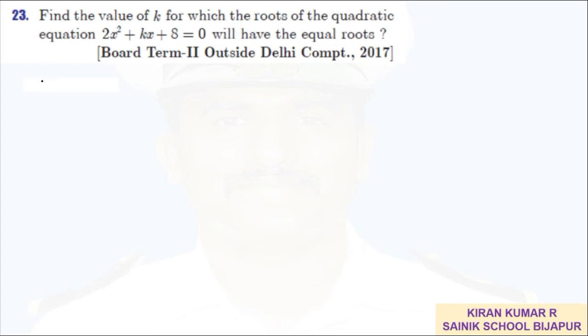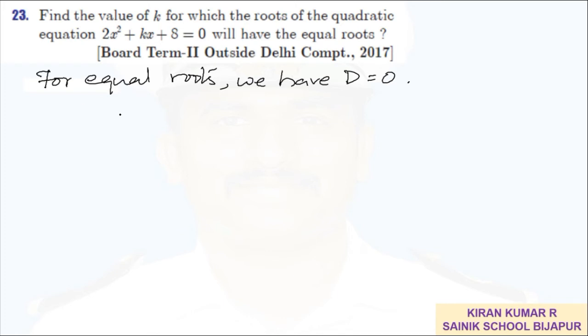So for equal roots, we have D equal to 0. D is nothing but b square minus 4ac equal to 0.